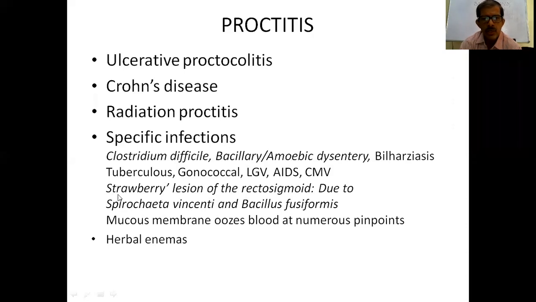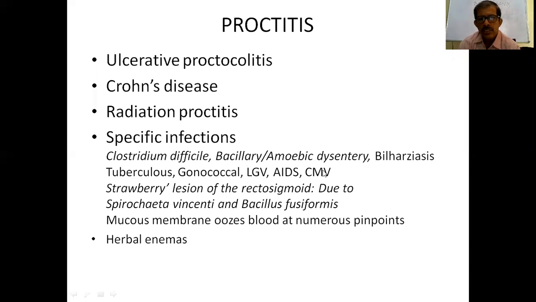And then there is what is called a strawberry lesion, which is due to these spirochetes, Spirocheta vincenti and Bacillus fusiformis. Just like Vincent's angina in the oral cavity, there may be what is called a strawberry lesion of the rectosigmoid.